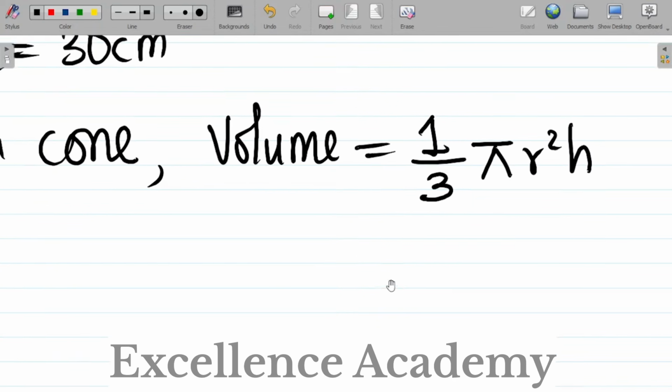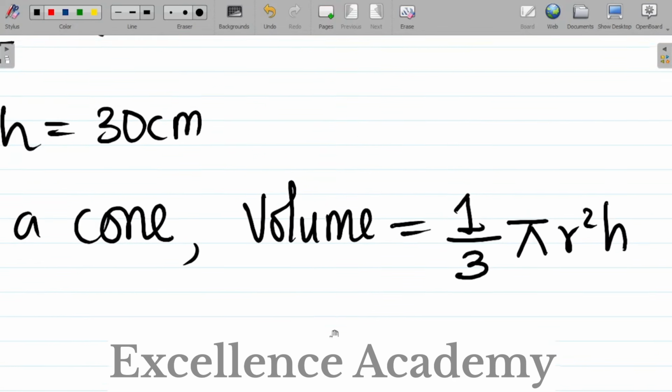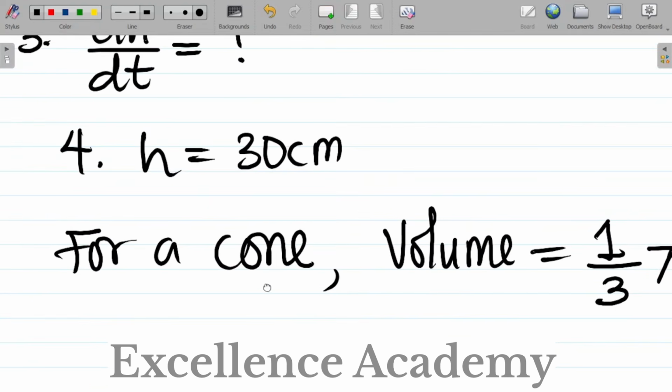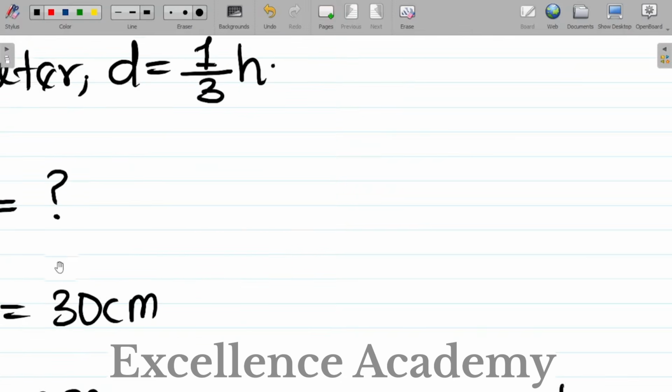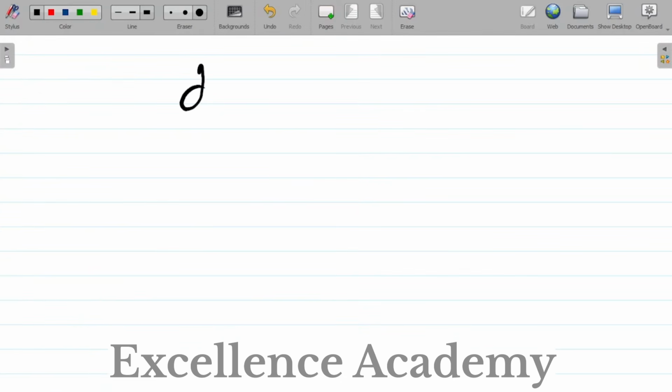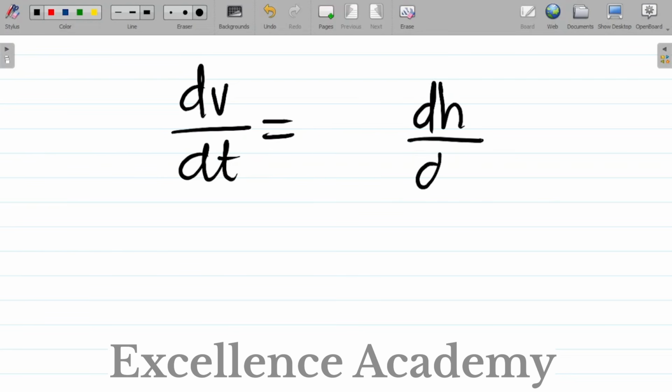If you want to differentiate this, what do we differentiate this with respect to? Coming back to the question, we are asked to find dh over dt. What will be the formula for dh over dt? We'll have that dv over dt will be equal to, now we have dh over dt. The question will be, what do we multiply this by to get dv dt?